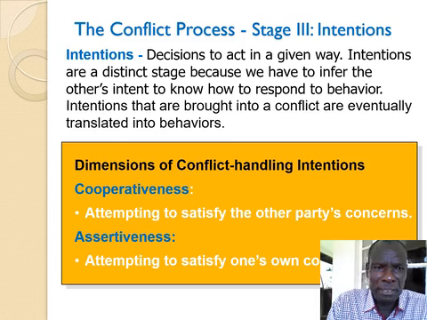Maybe he wanted to minimize me. So intentions are very, very important. So in a conflict, unless you understand the intention, the conflicts are likely to arise.